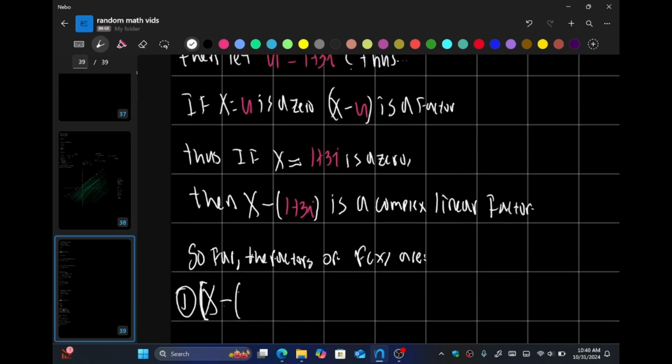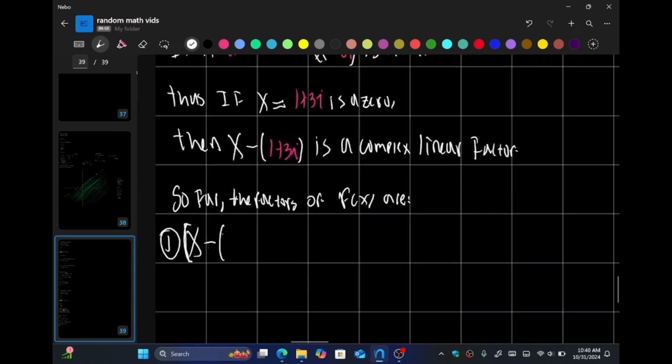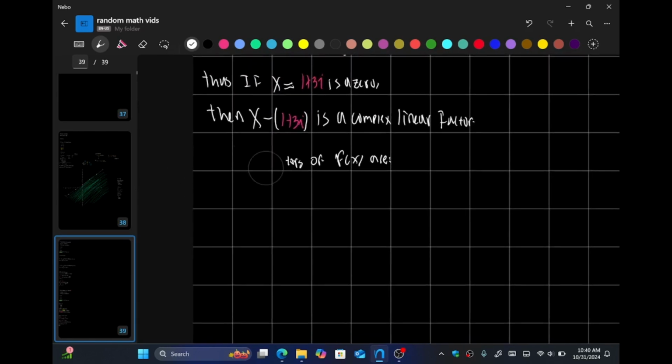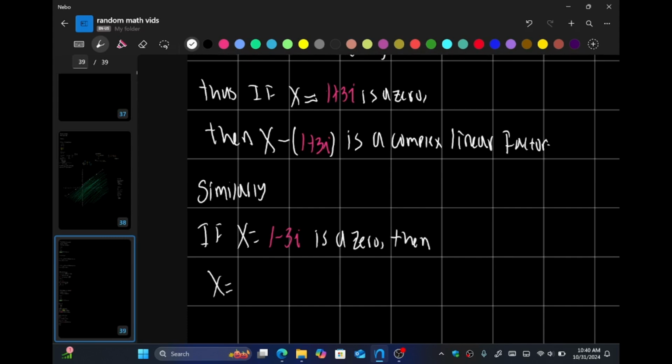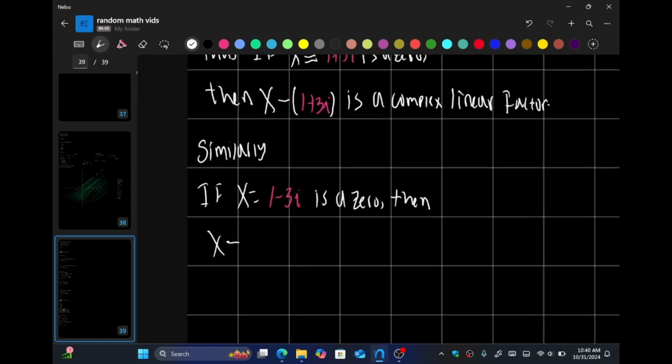And similarly, if x equals 1 minus 3i is a 0, I'm so sorry guys, I'm trying, then x minus the quantity 1 minus 3i is a factor, a linear factor.